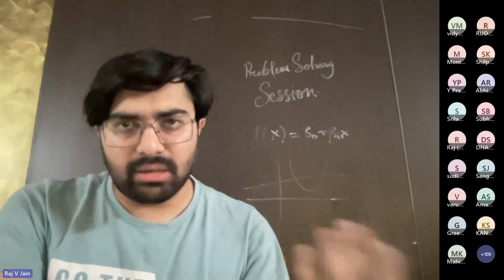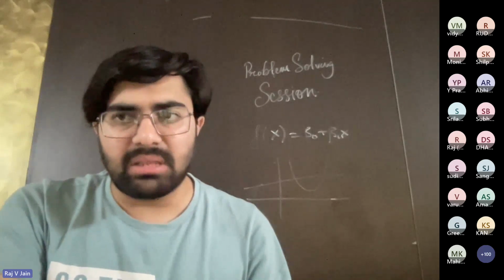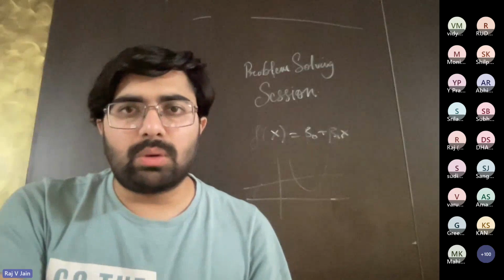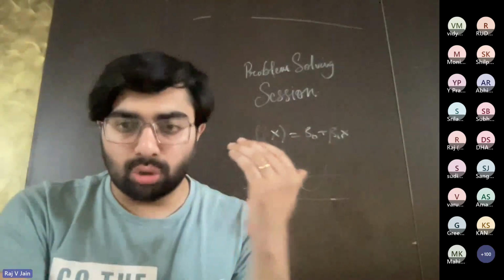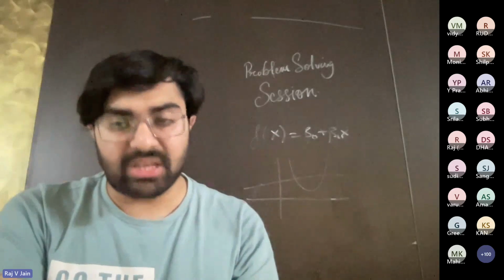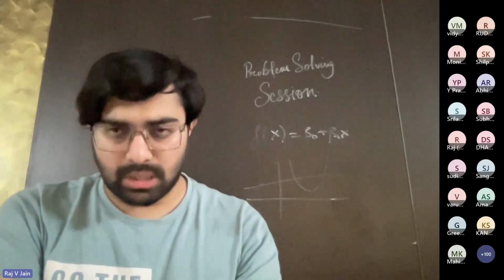In general, what a confusion matrix basically means is that you're trying to look at how good your predictions are with respect to your true labels.